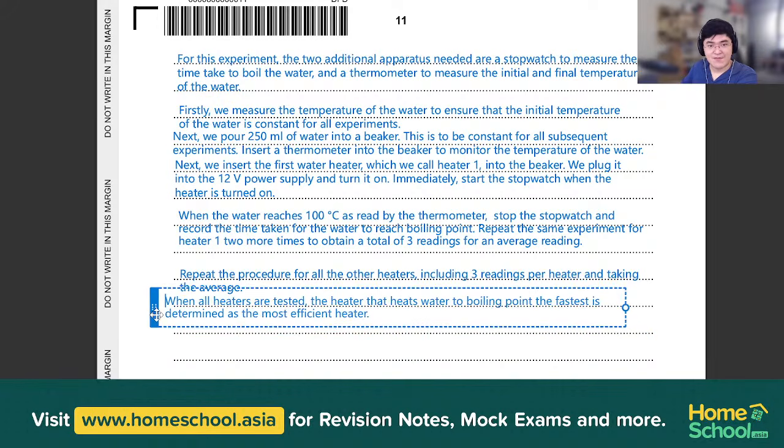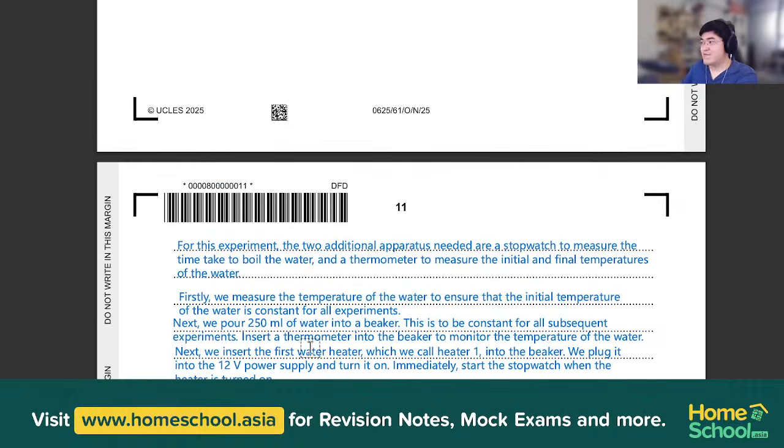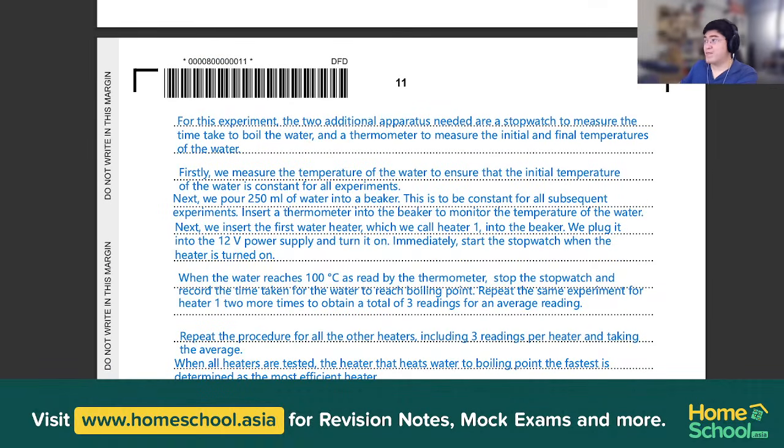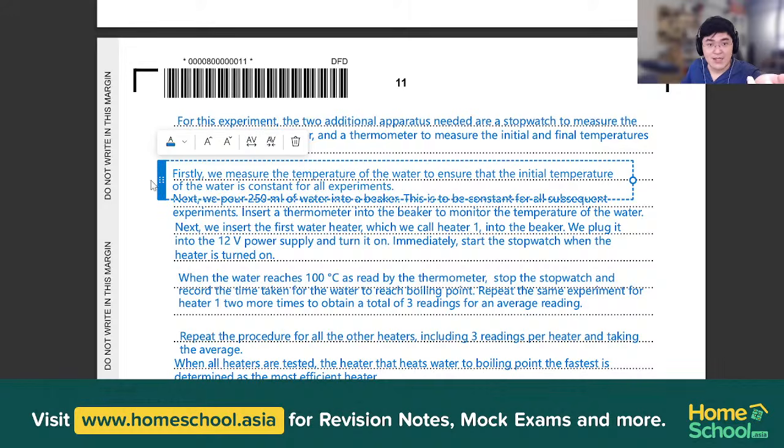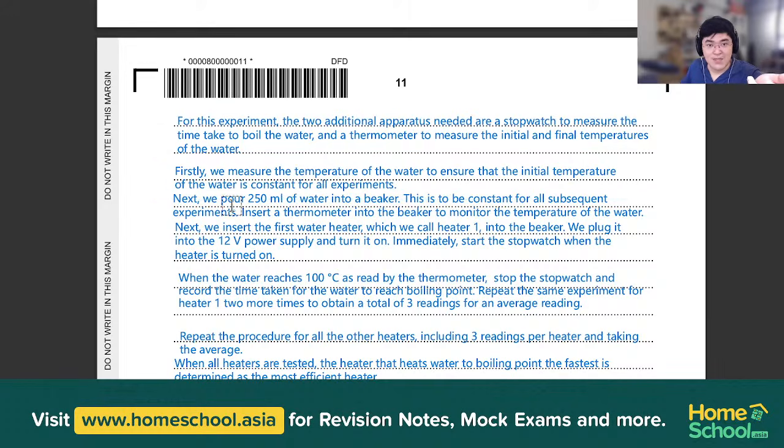As we have stated before, we must show what the apparatus required are, which is the thermometer and the stopwatch. We need to explain how we do the investigation, which is all written down here. We need to state the key variables to be kept constant. Basically, we have stated that the volume of water is constant, and also the initial temperature of water should be constant.